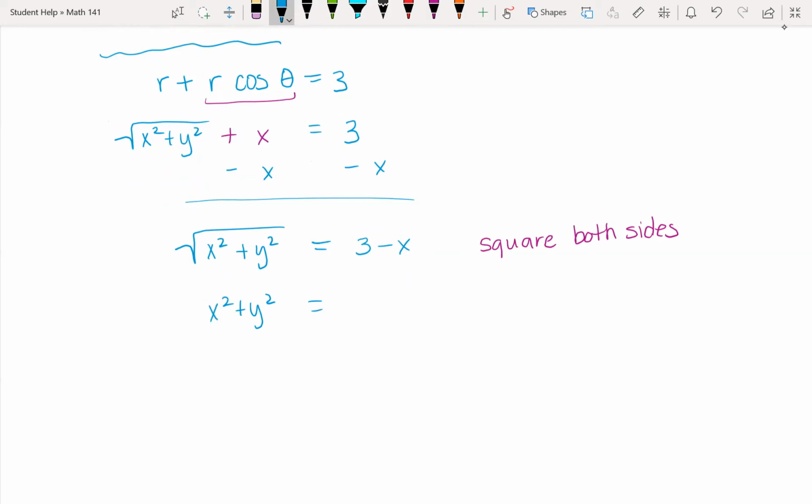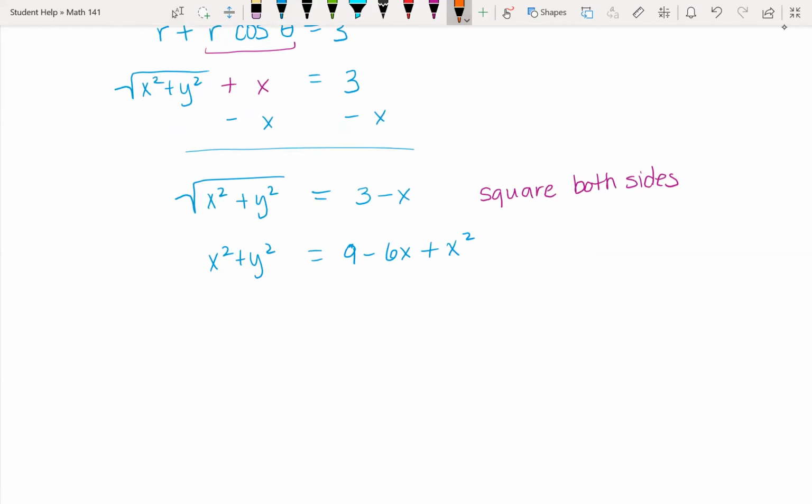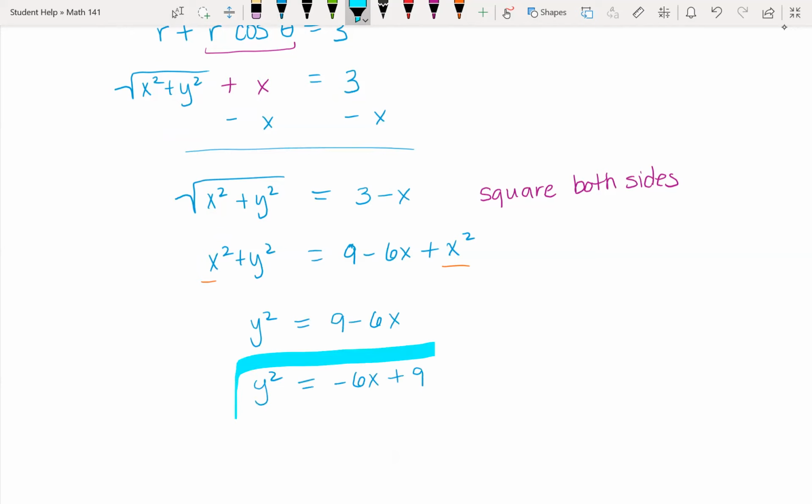And on the right side, we'll square the first term. We'll multiply the two terms together and double, so that'll be minus 6x. And then we'll square the last term. All right, it looks like I've got an x squared on both sides, so those are going to go away. And I have y squared equals 9 minus 6x, or y squared equals negative 6x plus 9. So that's something that we could plug into Desmos and get a graph for.